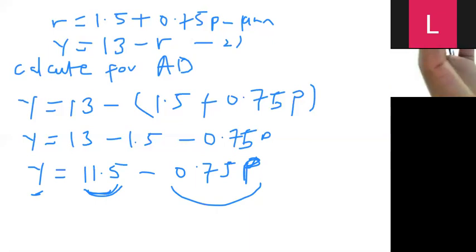Not curve, sorry. Now the second question is to calculate the real interest rate and aggregate output when the inflation is 2%, 3%, and 4%. Now we know that Y equals 11.5 minus 0.75P.